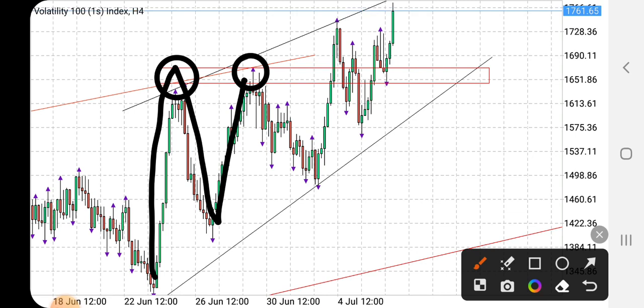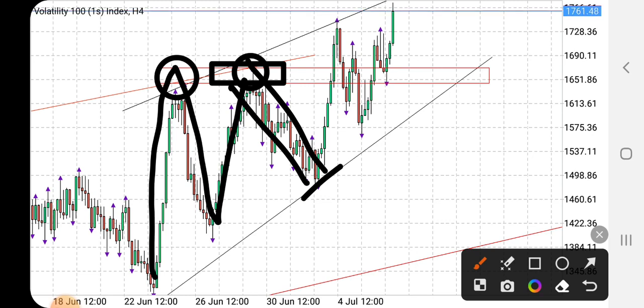Not just that, we have our outer trend line and our inner trend line at that zone. That's a very powerful zone. The price actually reverses, even though this is against the trend, because the price still respected that powerful zone.